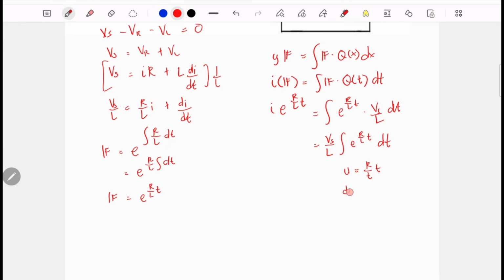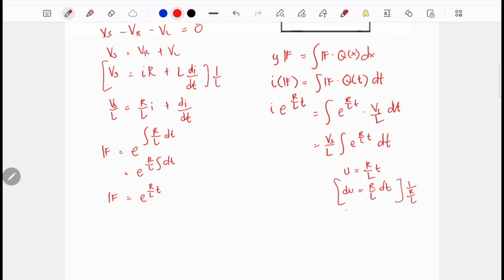The derivative of u is du, and the derivative of R over L t is R over L dt. Since we don't have R over L, we will divide both sides by R over L.